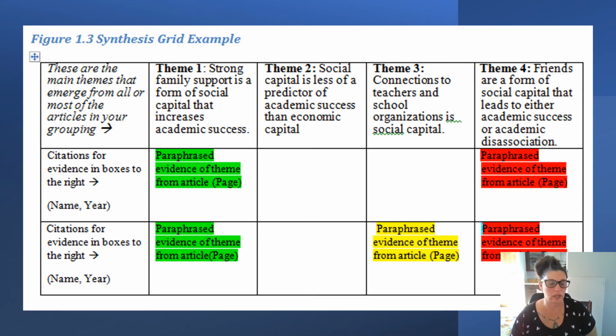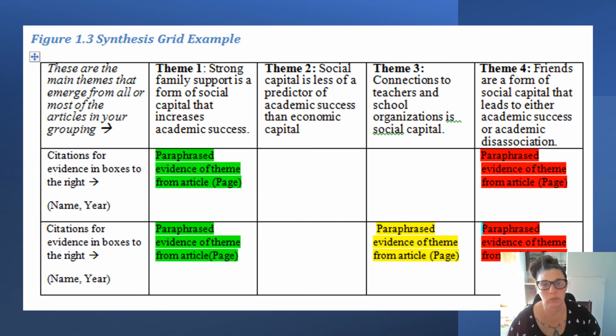So article A and B both say strong family support is a form of social capital. Only article B says that connections to teachers and school organizations is social capital. And then both A and B say friends are a form of social capital that can lead to either academic success or distraction, disassociation.